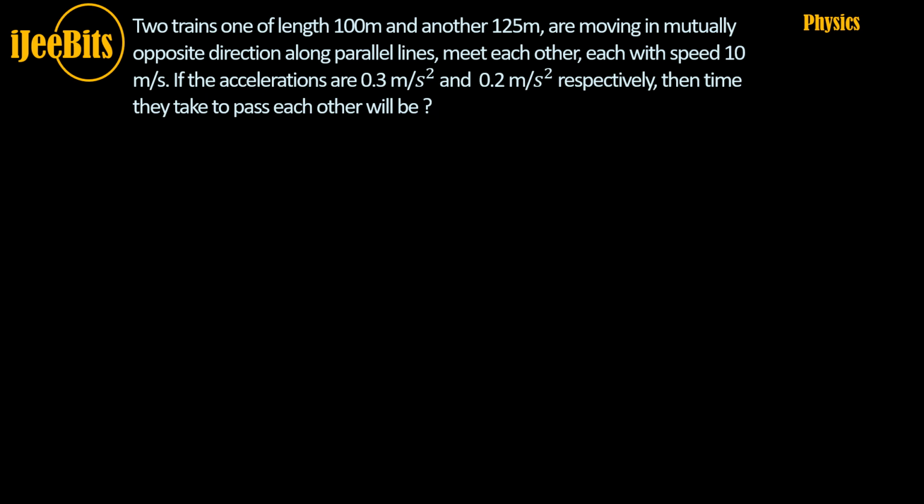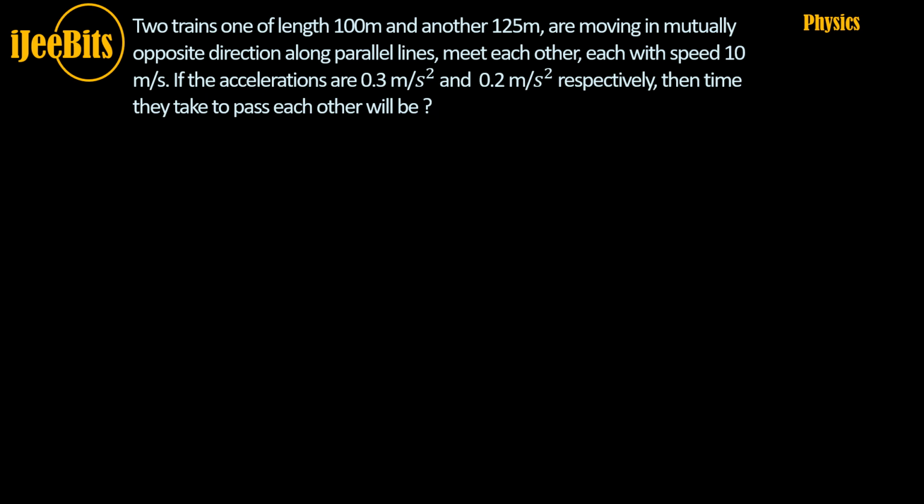Let me read it out. Two trains of length 100 meters and 125 meters are moving in mutually opposite directions along parallel tracks and meet each other, each with a speed of 10 meters per second. If the accelerations are 0.3 meters per second square and 0.2 meters per second square respectively, then the time they take to pass each other will be.